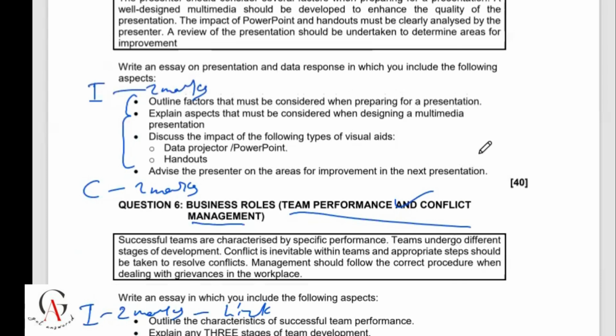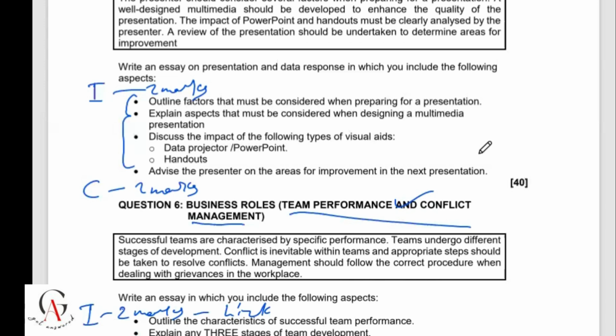Under our introduction, we can say that before the actual presentation, preparations are very important in order to have a detailed, audience-oriented and informative presentation, meaning that creativity should be encouraged when designing a multimedia presentation so as to attract the attention of the targeted audience.